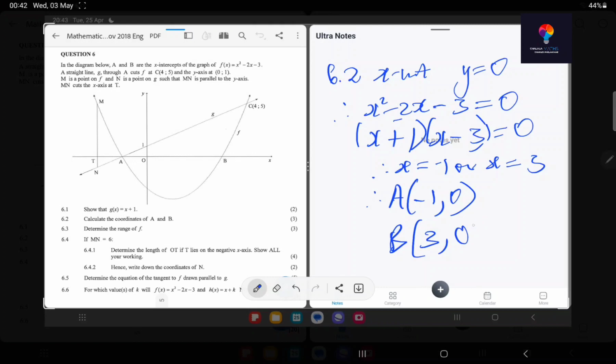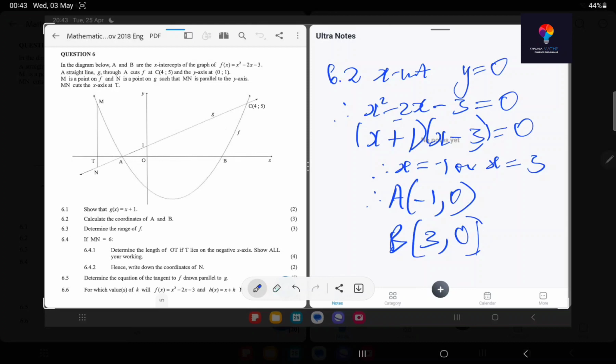X should be 3, y is going to give us 0. That's about it, guys. Our coordinates for A and B are as such. The x coordinate for A is minus 1, the y coordinate for A is 0, and B follows.